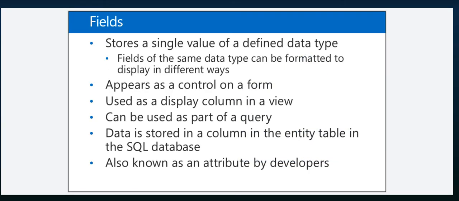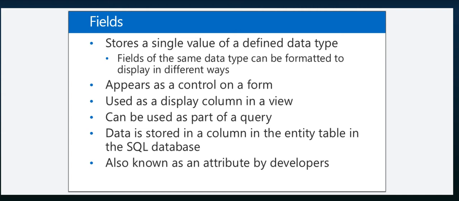All right, so next up we have fields, and fields basically store a single value of a defined data type. Sometimes you can format these in different manners. So text fields, for example, can be formatted as URLs. They can appear as a control on a form, and are also used in the views.